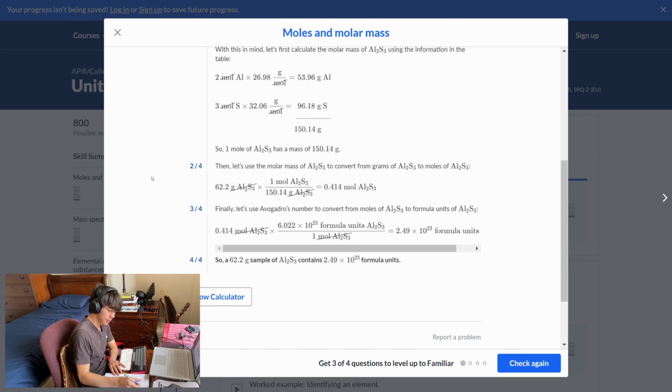Wait. So 0.414 divided by 6 point, what was it, 3? 6.022 times 10 to the 23. Sorry, multiplied by, what am I doing?